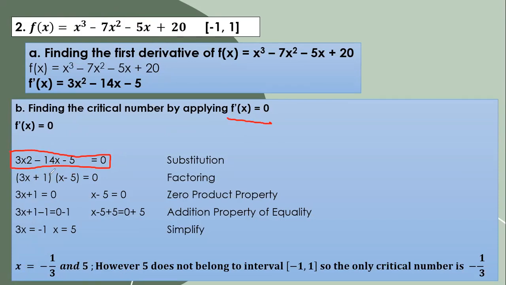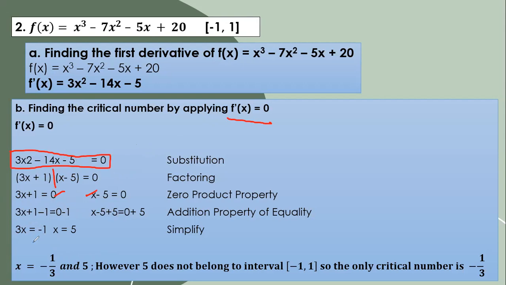So, 3x plus 1 times x minus 5. Okay? Isa-isa yan. 3x plus 1 is equal to 0. And then x minus 5 is equal to 0. Okay, after factoring out, di ba, pinaghiwalay natin yung dalawang factor.